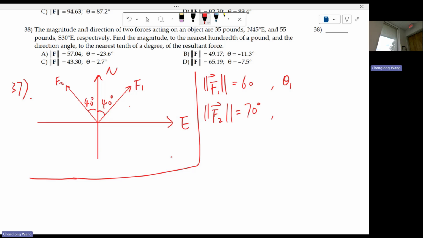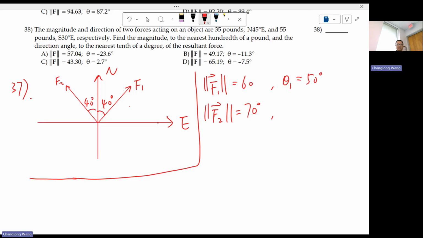Then you either turn this way or that way to get either a positive or negative angle. So the angle associated with F1 is to turn here, going all the way to F1. So it's that angle instead of 40. But how much is that angle? The complementary, right? Which is 50.